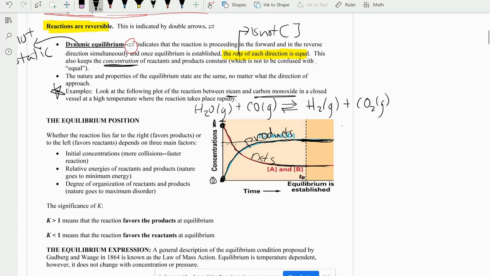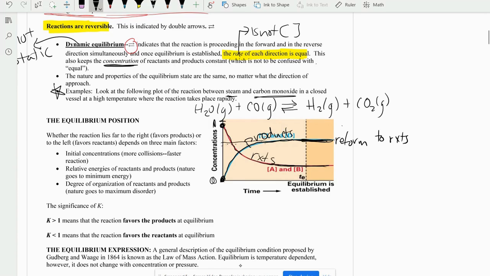That's right, because the product concentration doesn't ever go to 100% or 1 in this case, because those products are actually reforming back into the reactants. So products reform to reactants.